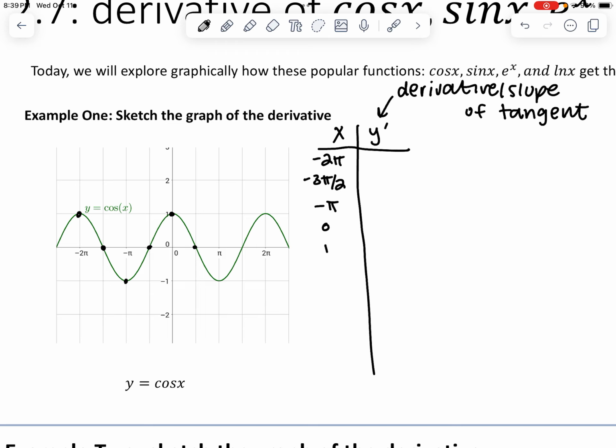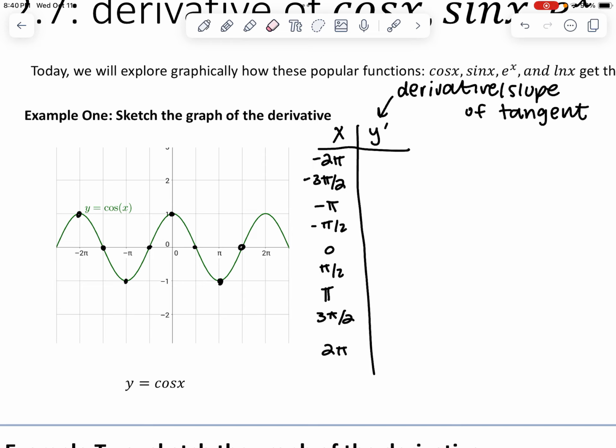Oh, sorry, I skipped pi over 2. Pi over 2 was this value right there. Negative pi over 2, 0. This value is pi over 2. Pi, this value is 3 pi over 2. And some of these are going to repeat, so we're not going to do all of these every time.